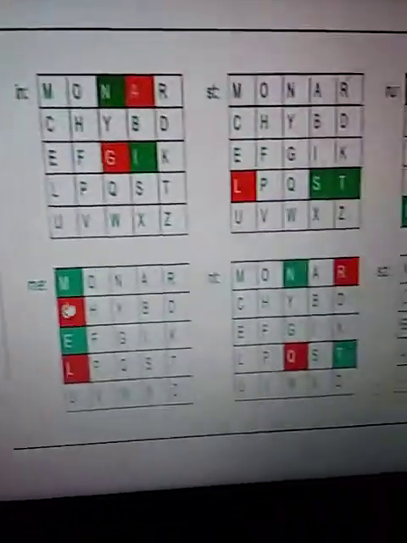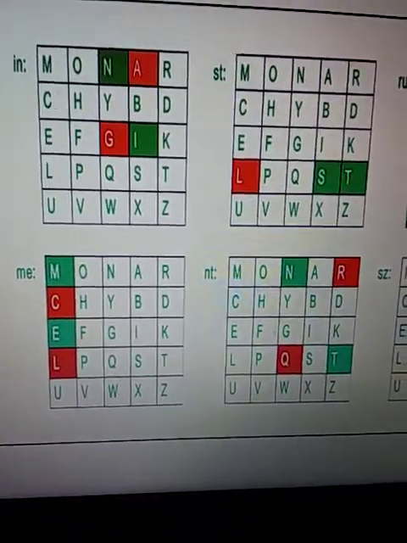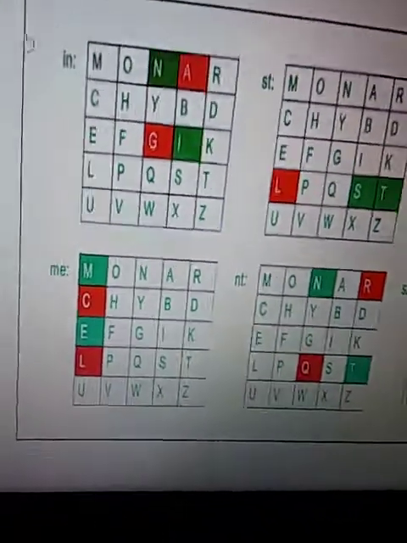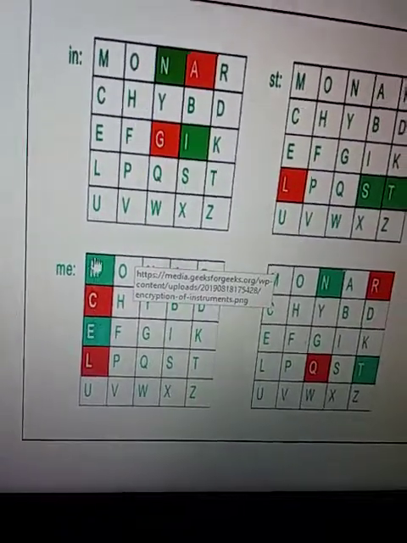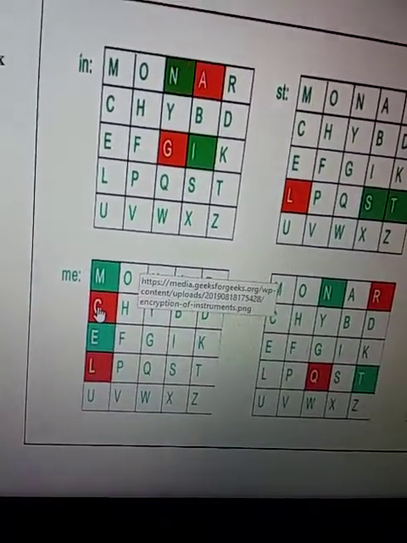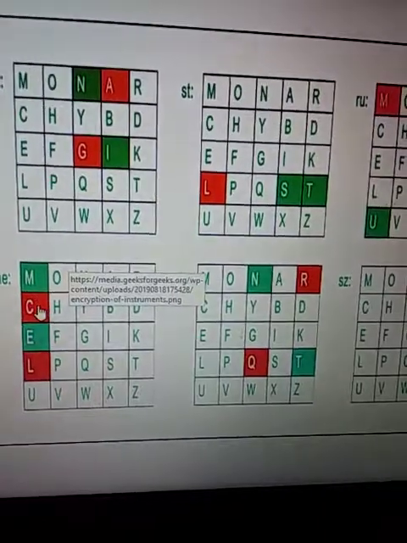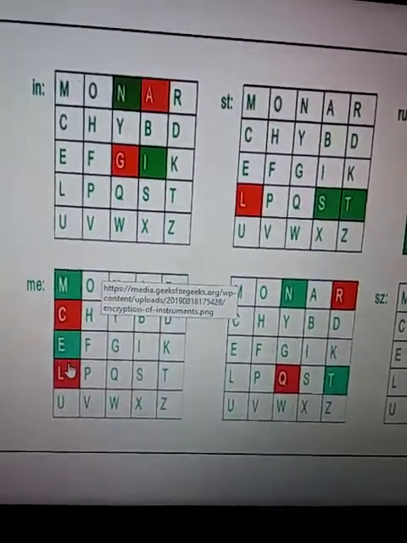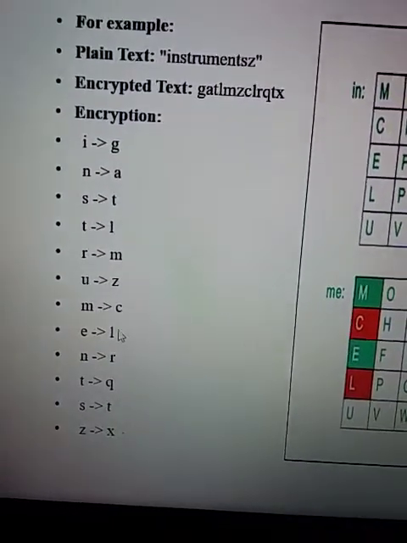And the next one is "me". It exists in the same column. So for the successive position of letters, for m, c is to be substituted, for e, l is to be substituted. So this c and l are the secret codes for m and e.